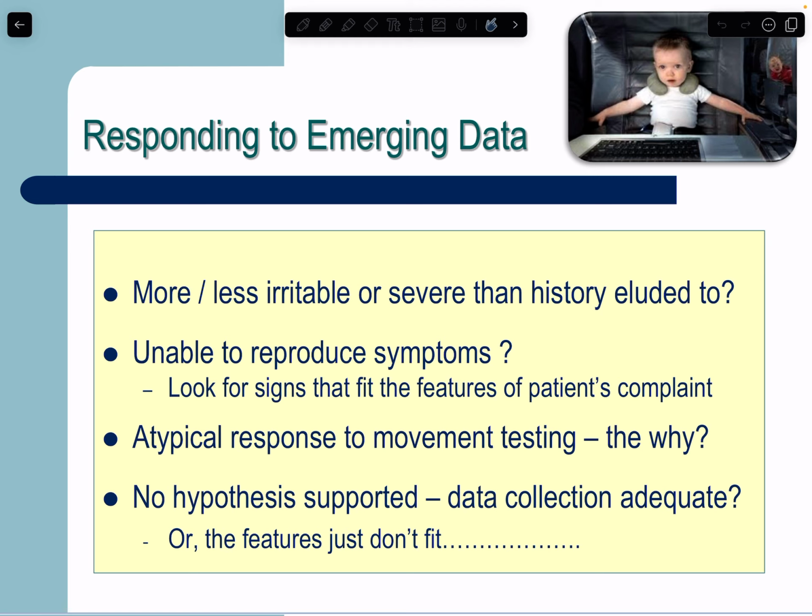And then another thing is, no hypothesis that you came up with is supported. So the question you have to ask yourself, okay, have I done enough to really validate that my hypotheses are not part of the equation with this patient? That would be questioning yourself. Did I go hard enough? Did I do enough? Or do the features just not fit?